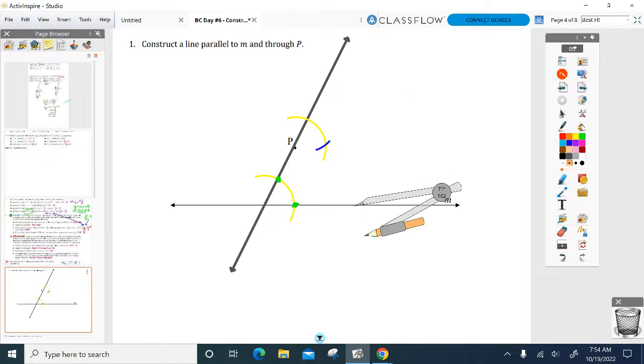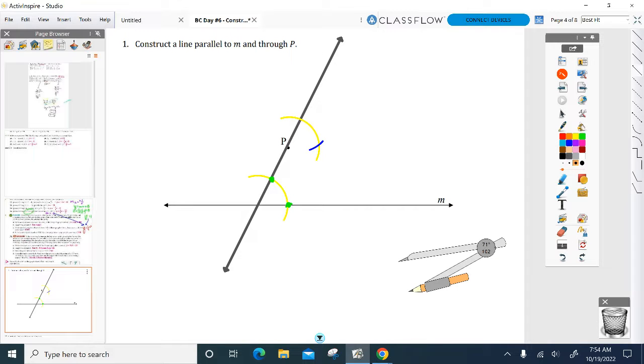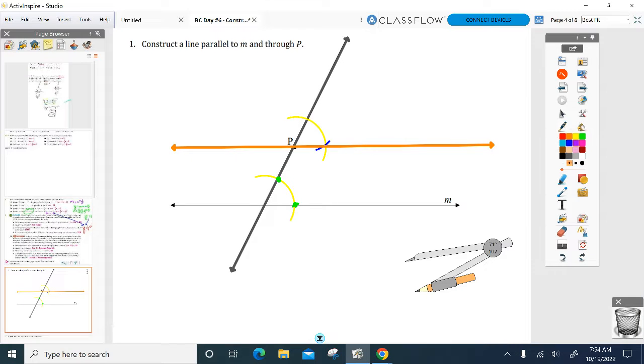And hopefully now you can grab your straight edge, line up point P with that point of intersection, and hopefully they line up nice and parallel to line M. Look all right?